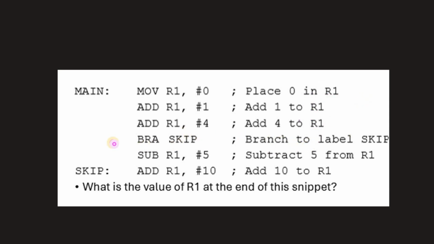Now we have an example of a branch, with the label skip. What we're going to do is move from here to here.